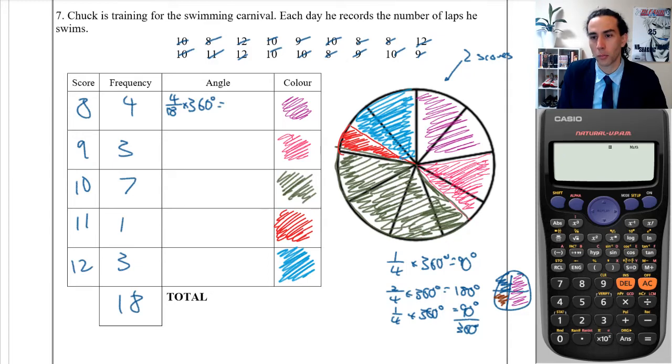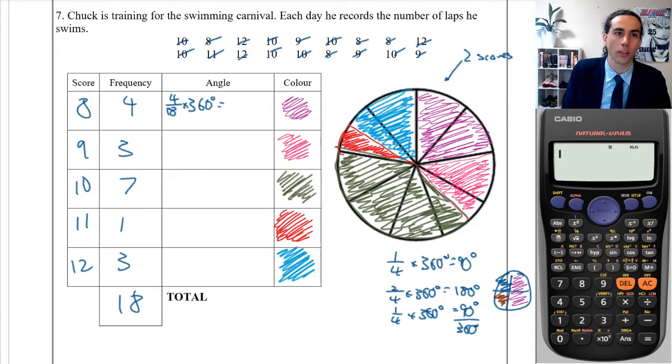I'm guessing at this point people have skipped forward unless they like seeing me scribble. A bit better. All right, so 2 squares per sector. So each little sector there is 2 squares.